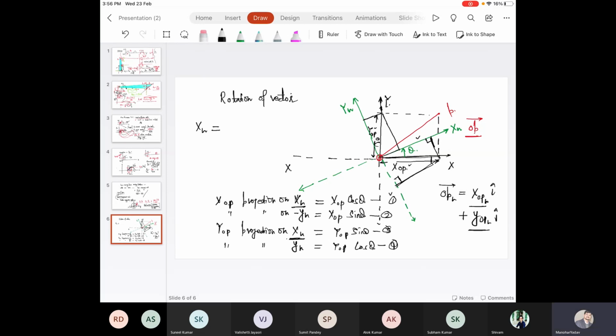So considering equations 1 and 3, xn is equal to XOP cos theta plus YOP sin theta. Okay. Now use 2 and 4. Using 2 and 4, you will calculate yn, and yn is equal to minus XOP sin theta plus YOP cos theta.